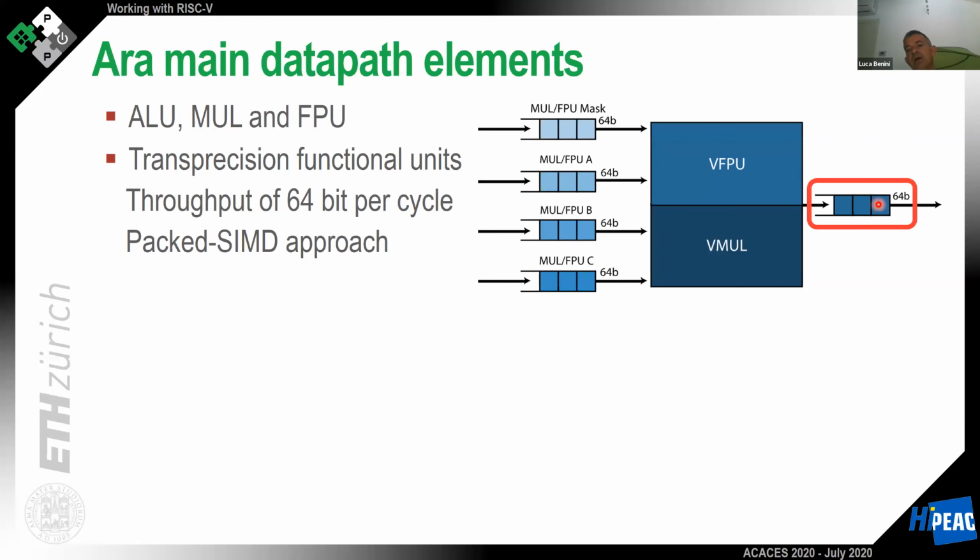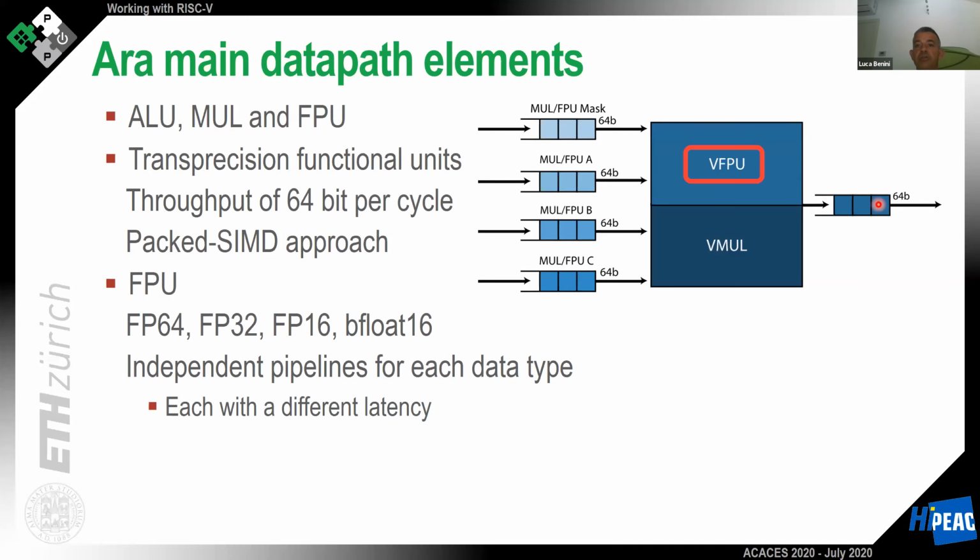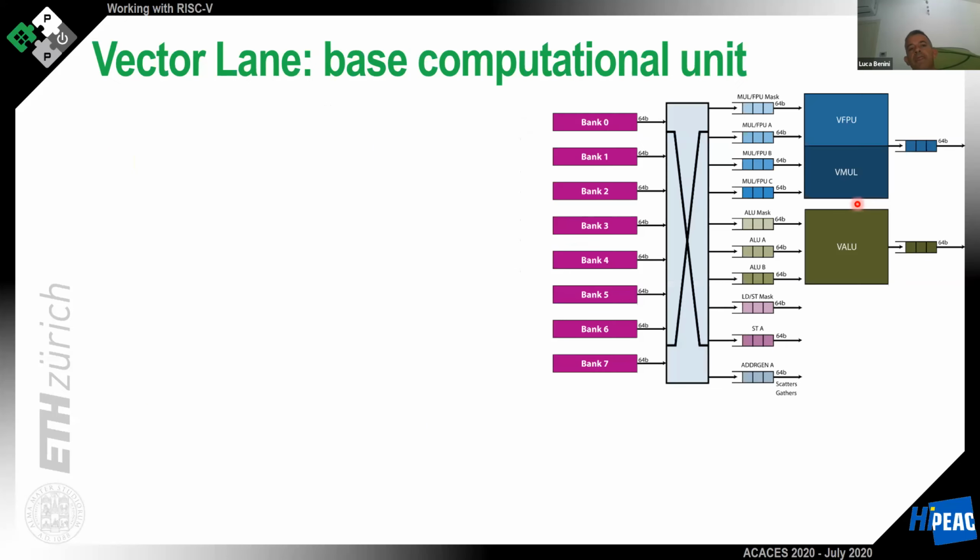Then the floating point unit will execute independently in the various lanes, and of course the operations will have a different latency, and we use the output queues to be able to have non-blocking pipeline operations of the unit.